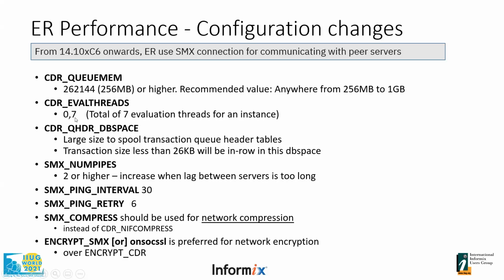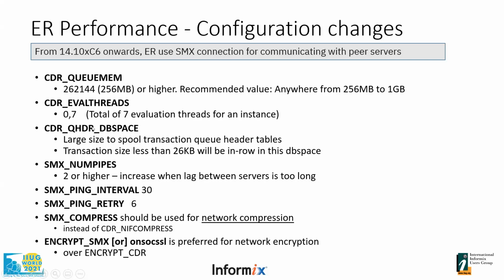Eval threads 0 and 7 in total evaluation threads we want to see. The Q header, let's hold it for a minute, and SMX num pipes should be 2 or higher. This I'll skip. And SMX compress: earlier, when we were not using an SMX connection for communication, we used CDR_NIF_COMPRESS, and now we would like you to use SMX_COMPRESS for network compression, and also ENCRYPT_SMX for network encryption instead of ENCRYPT_CDR.